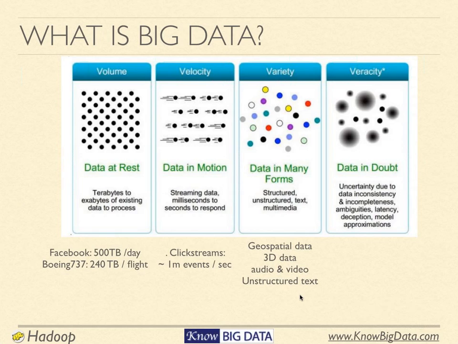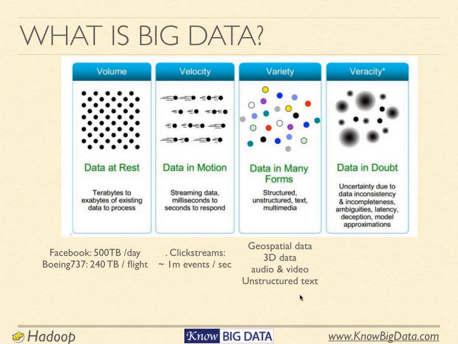You will have to use a distributed computing architecture to solve your problem. All right. Now let's see what it is. It could be the volume of the data, the velocity of the data, the variety of the data, or the veracity of the data that might make it impossible to handle the data using traditional tools.